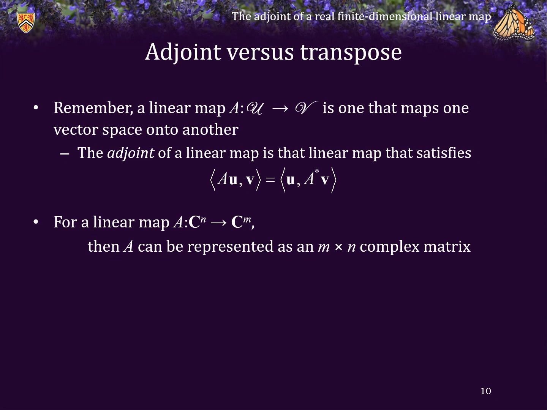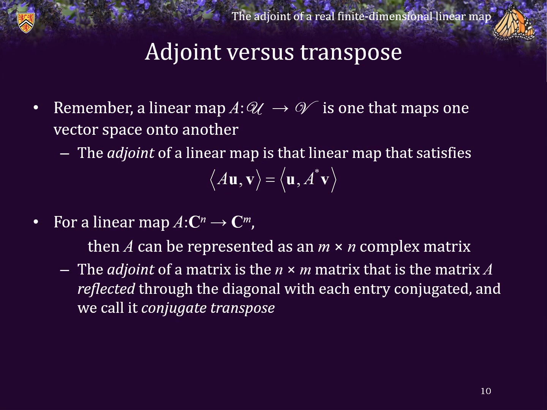For complex linear maps, A mapping Cn to Cm, A is representable by an m by n complex matrix, and the adjoint of that matrix is an n by m matrix, that is the matrix A reflected through the diagonal with each entry conjugated, and we call it the conjugate transpose.